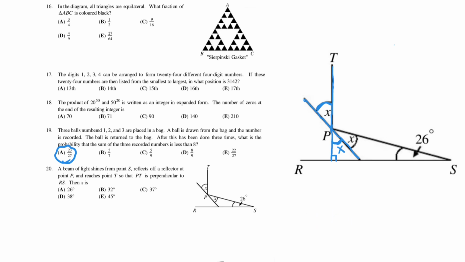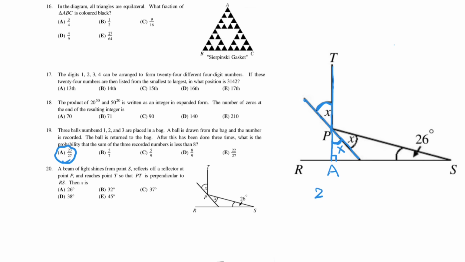Now, if I label this one as triangle RST, because PAS is a right triangle, the sum of the interior angles of a triangle is 180.